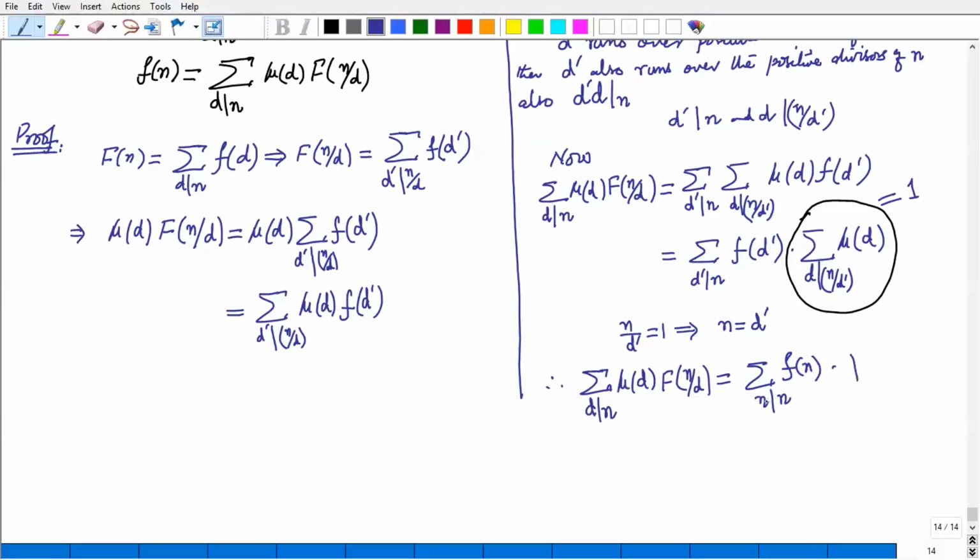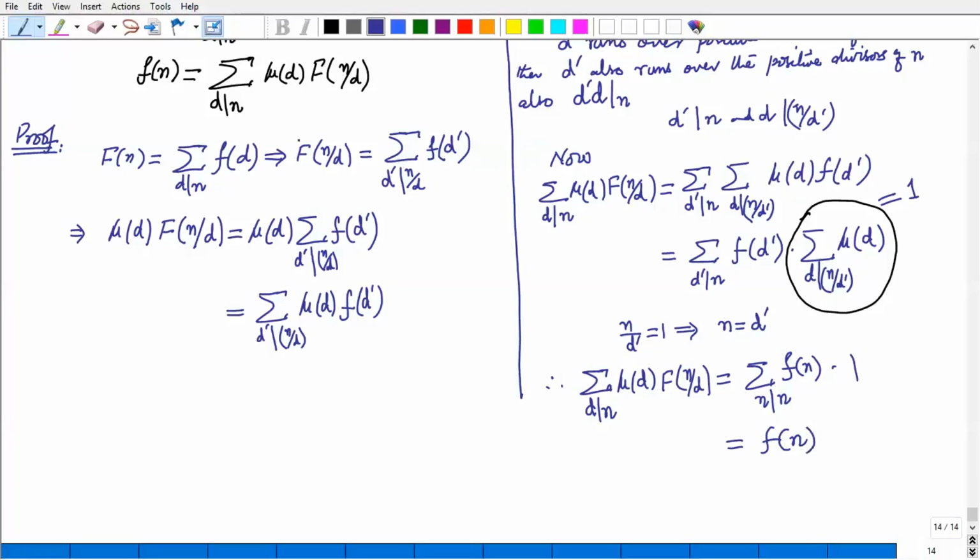Because there is only one case, there is no need to write a summation sign, so we must write f of n only. So that's the required case for the Mobius inversion formula.